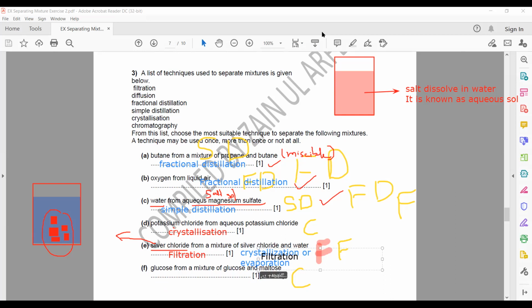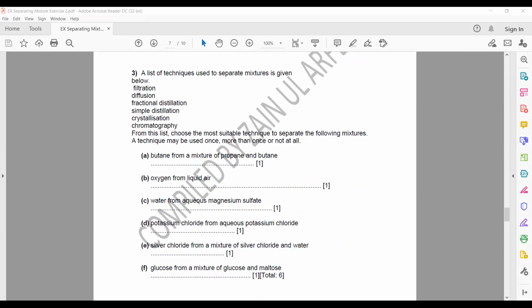They are a type of sugar. So we can use chromatography. Types of sugars or amino acids mixed together, we can use chromatography. Is it clear?